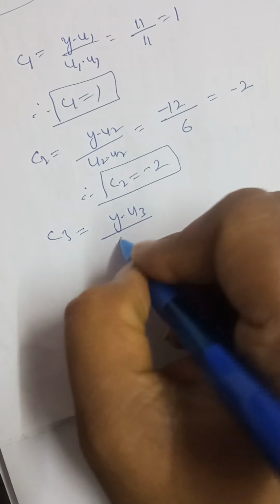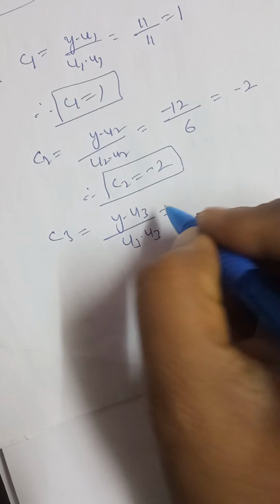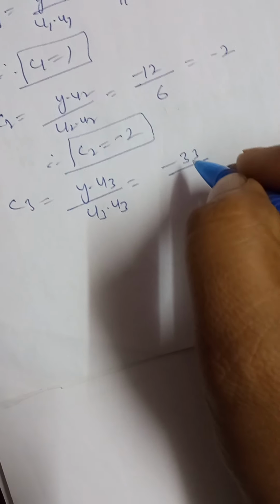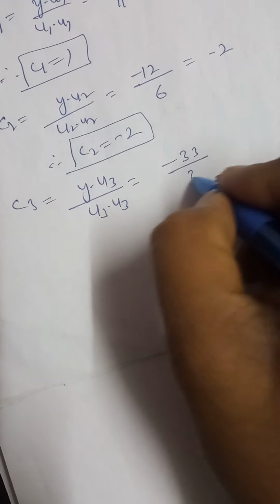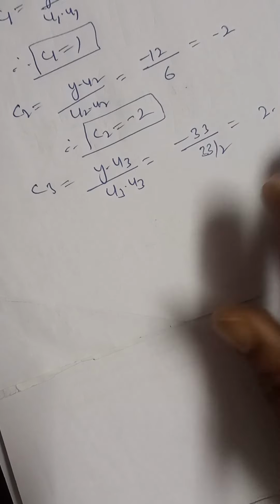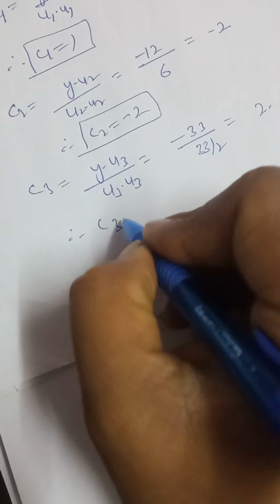What is c3? y dot u3 by u3 dot u3. What is y dot u3? Minus 33, by u3 dot u3, which is 33 by 2, is nothing but minus 2. Therefore c3 is equal to minus 2.